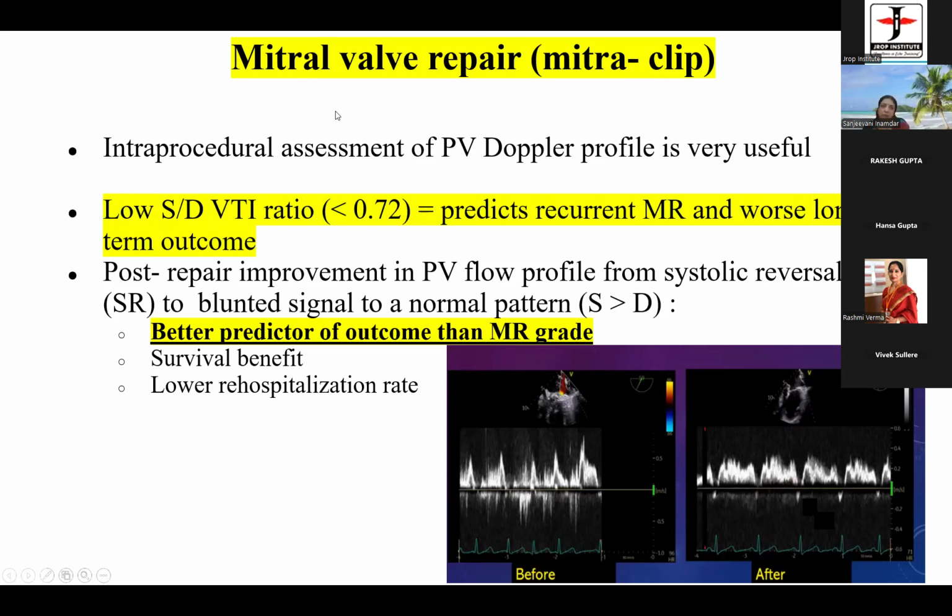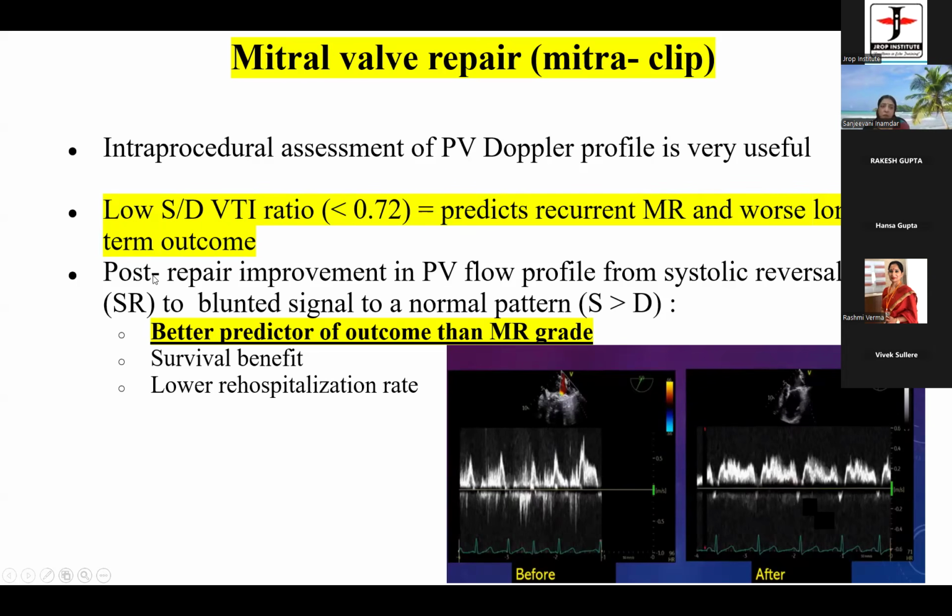This pulmonary vein is very useful nowadays in mitral clip procedure. They have started using pulmonary vein as a routine measure, and low SD-VTI ratio. They have proved that the VTI ratio is better than only S and D ratio. And VTI ratio, when it is less than 0.7, it predicts recurrent MR and worst outcome.